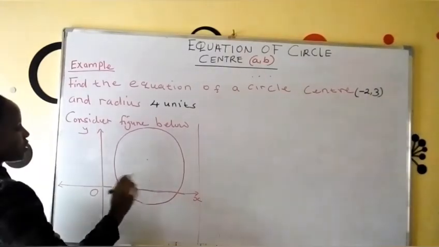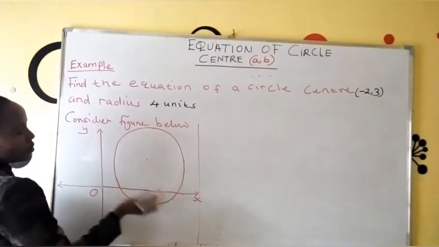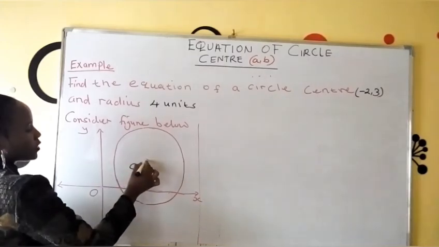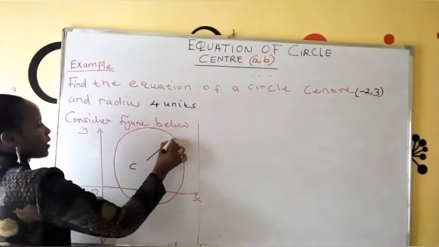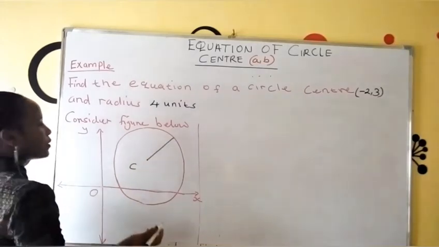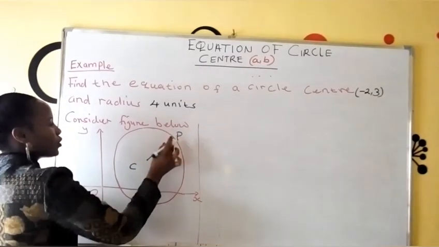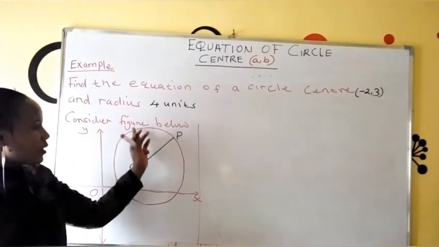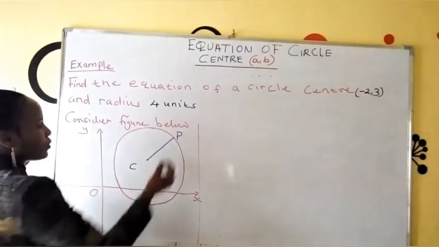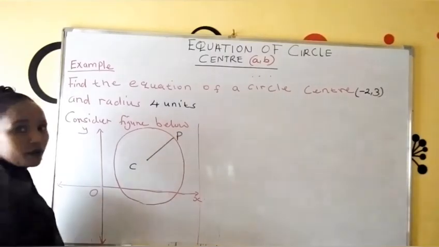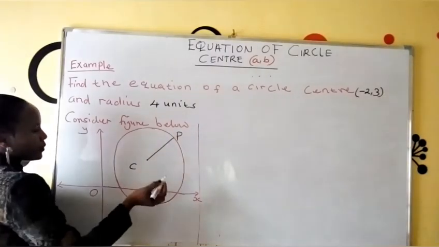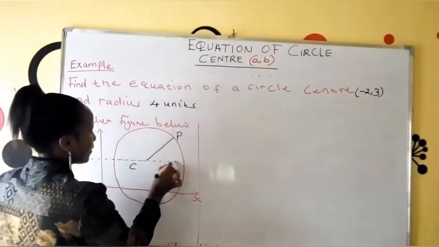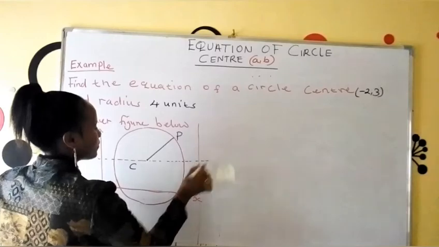So if we have such a case, maybe you can call the center C, this point, and this one is the radius of the circle. You can call this point, where the radius intersects with the circumference of the circle, P. And then now we have this other line over there.